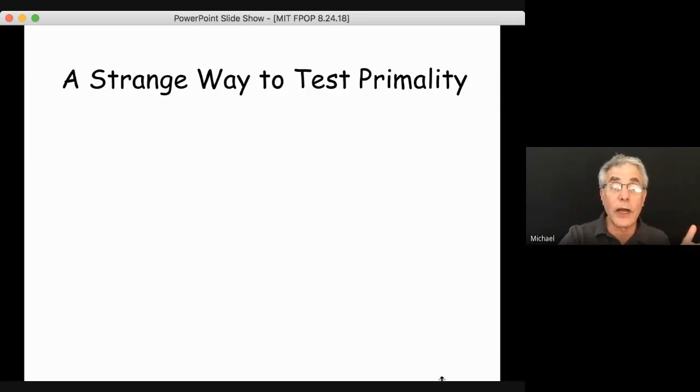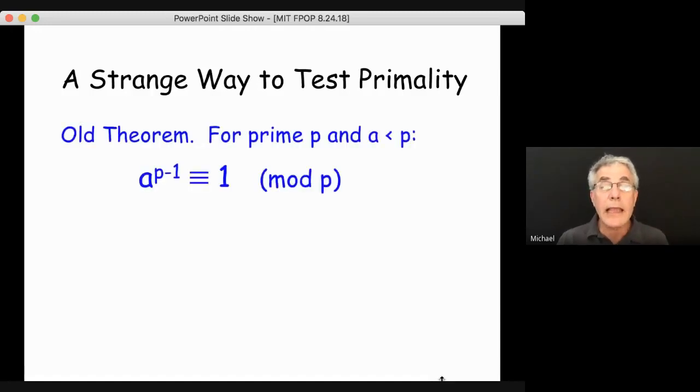I'm not going to go through this in detail, but just to give you the flavor of it. Here's how you can test if large numbers are prime without going through a brute force search to look for factors. And it relies on an old theorem due to Fermat. It's not Fermat's last theorem. It's the same Fermat, but this is a different theorem for which he actually did have a proof.